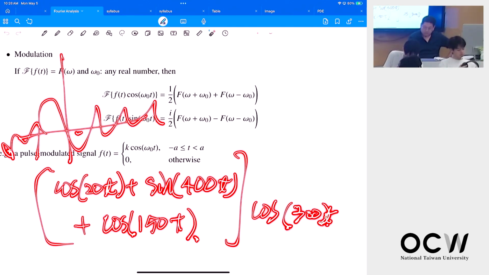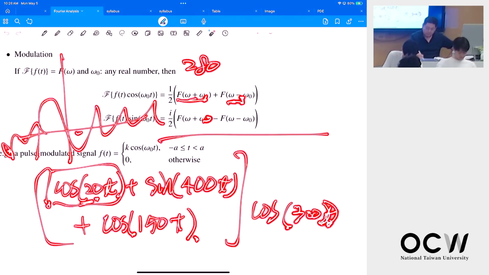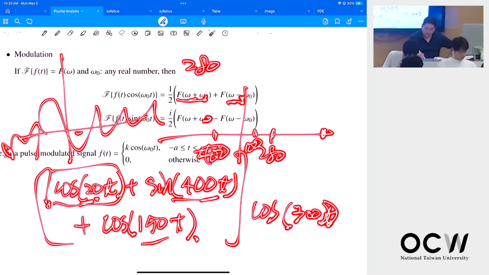So you see that when I take the Fourier transform, this signal will go to here, 280, and this signal will go to minus 100, oh no, 100, and this one will go to minus 150.